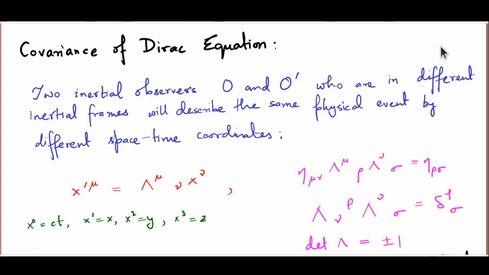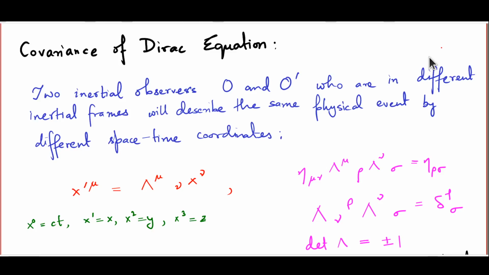So what we do is, in addition to lowering nu, we raise the index rho. Of course, that will raise the index rho on the other side as well. So, in order to do that, what you need to do is apply the inverse matrix, eta inverse on eta, and that will actually change the eta to a delta. So you get delta rho sigma.